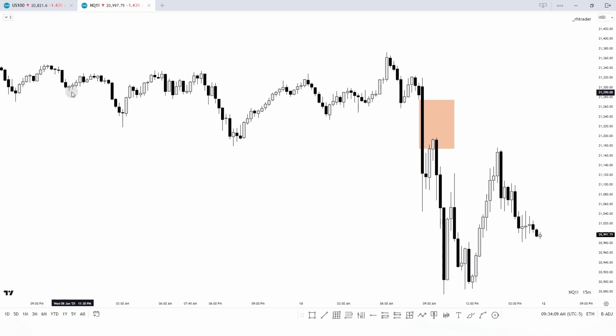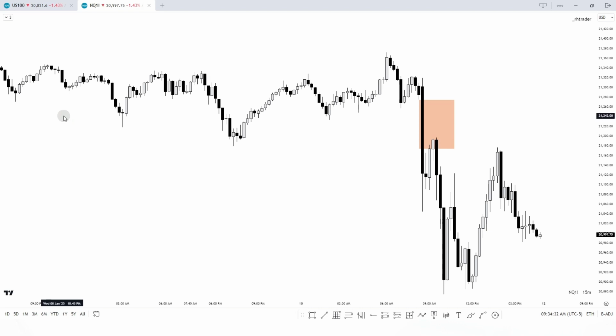Watch for your liquidity pools, which would be the old highs and old lows, and combine market structure with this. So when you have these three things, liquidity, fair value gaps, and market structure, you will have everything you need.